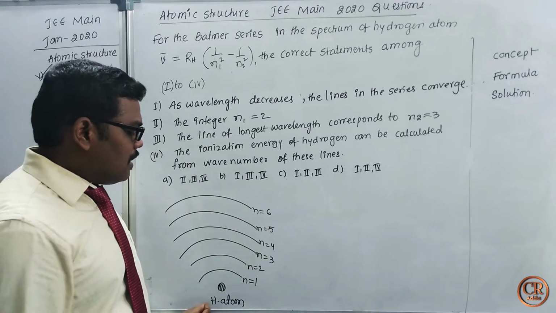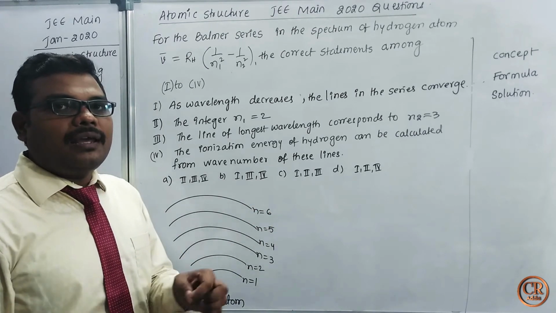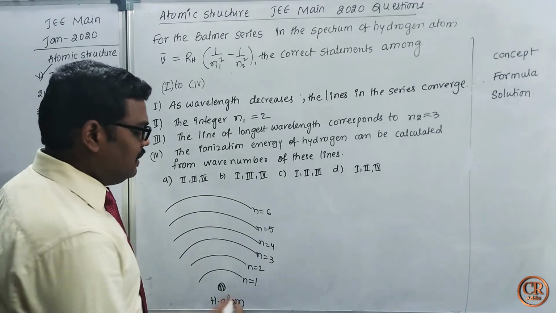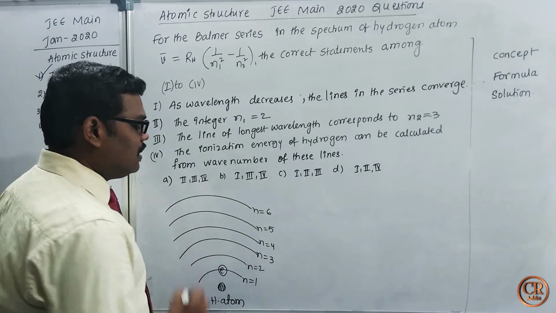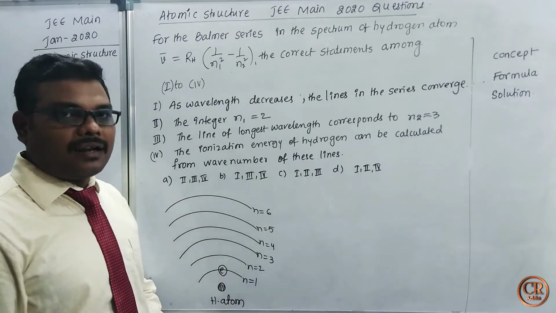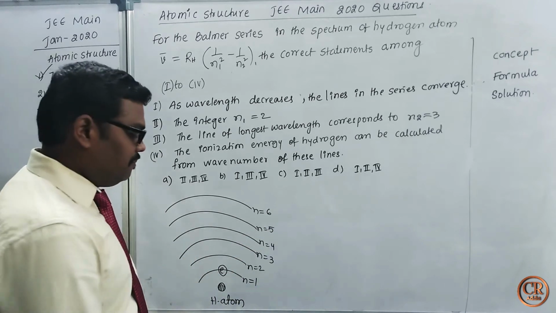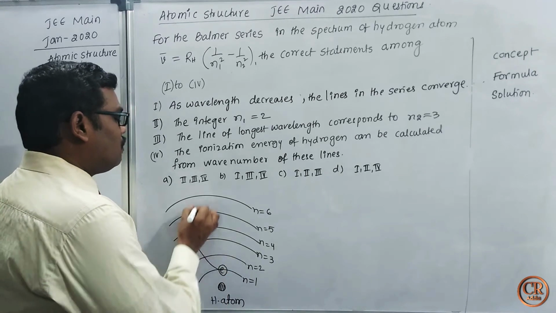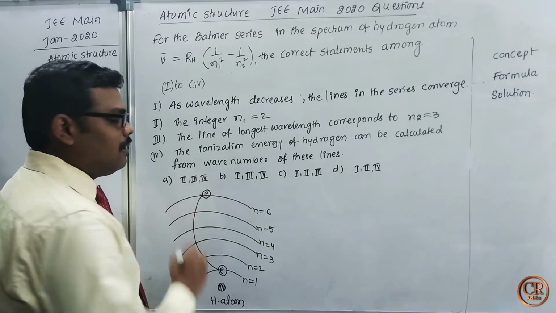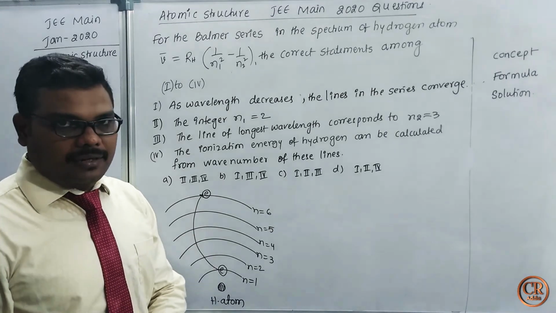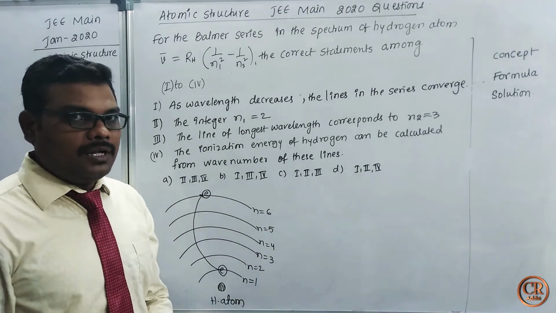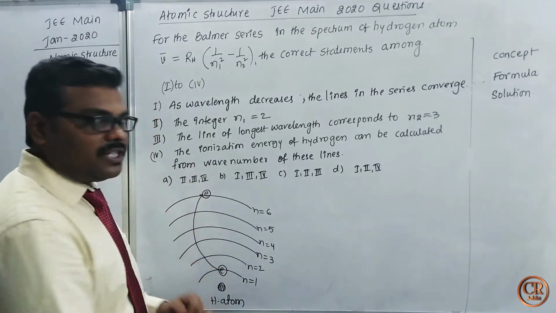You know, hydrogen atom is a uni-electron system, meaning it has only one electron. Generally, the electron is present in the ground state, but when energy is supplied to the hydrogen atom, the electron is promoted to a higher energy level. But at a higher energy level, the electron is unstable, so it should come back to the ground state.